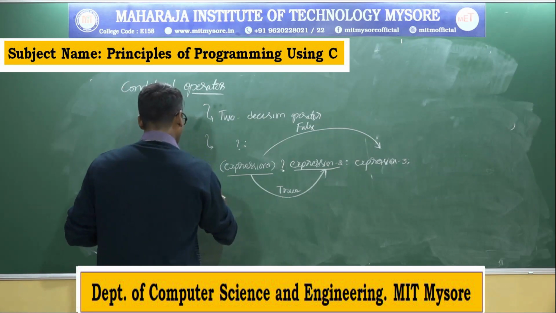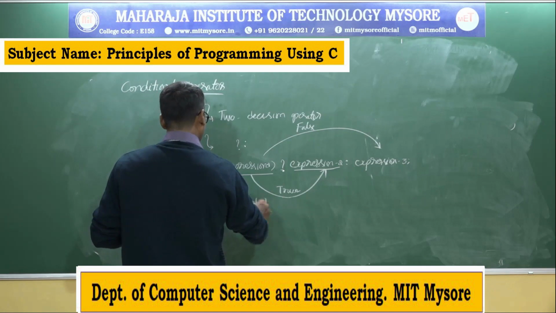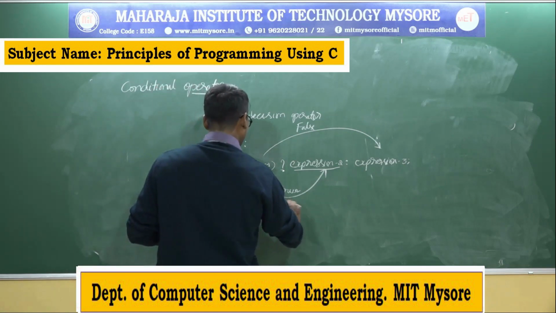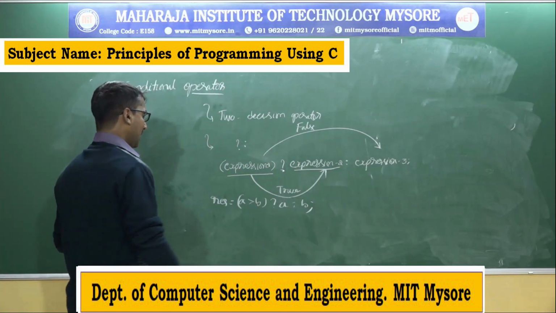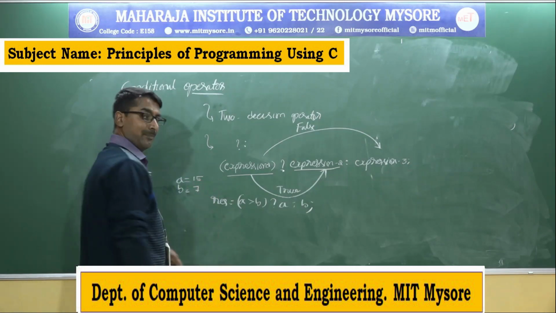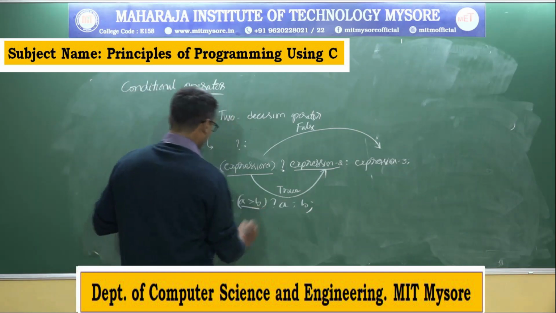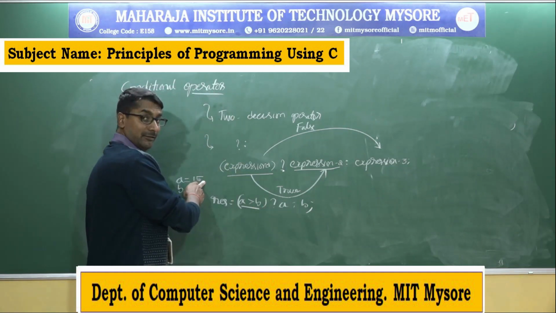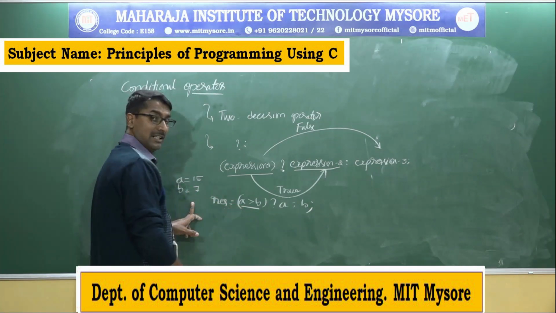Example: RES is equal to A greater than B question mark A colon B. Suppose the value of A is 15 and the value of B is 7. Now it will evaluate the condition A greater than B. Here 15 greater than 7, the condition is true.